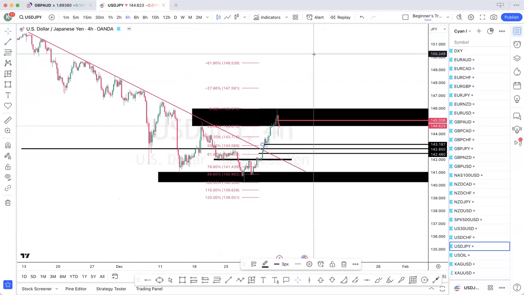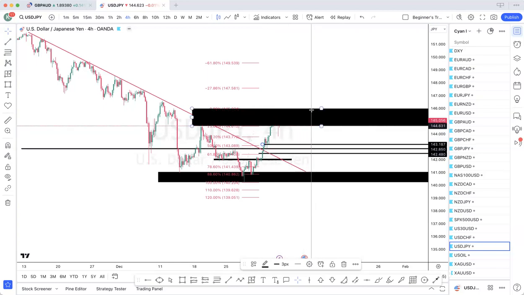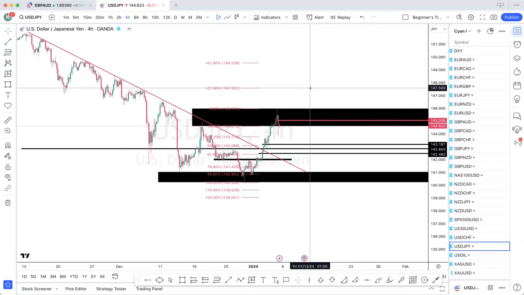So now we're looking for buys. You don't have to sell it down. Just set an alert, wait for something to happen, or wait for structure to start breaking to then buy it up to the negative 27. That was for a beginner.